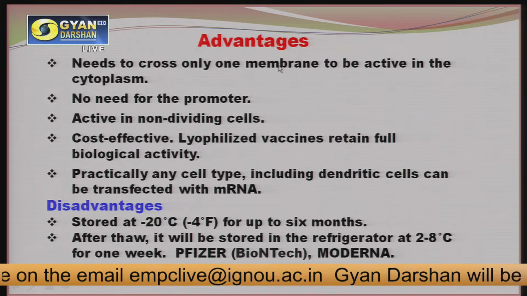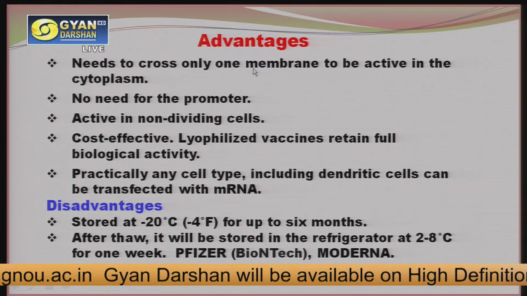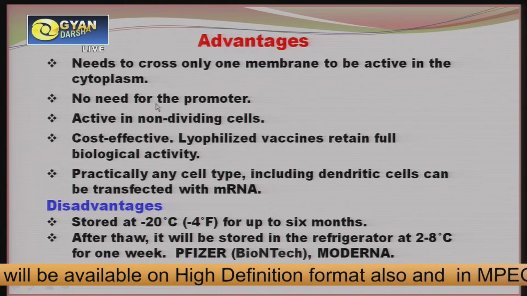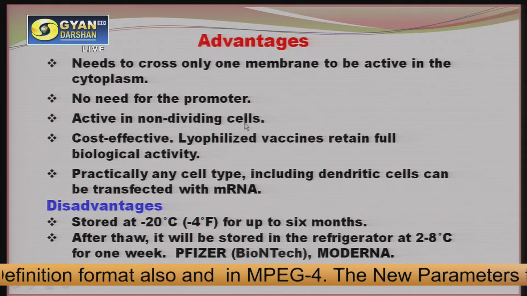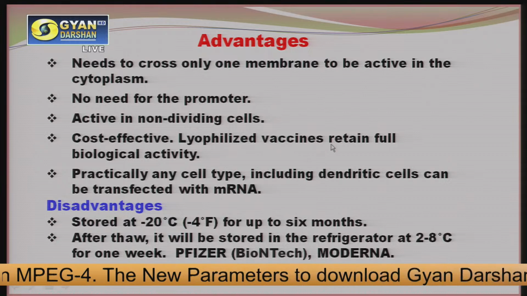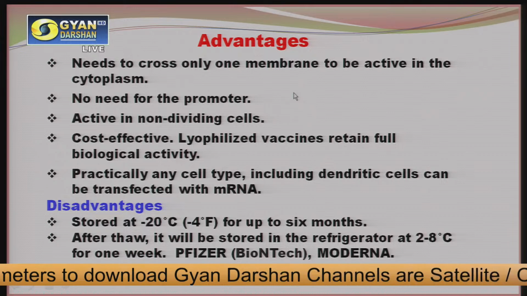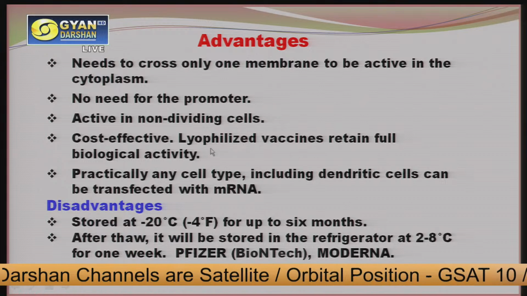What is the advantage of the mRNA vaccine? It needs to cross only one membrane to be active in the cytoplasm, there is no need for promoters, and it is active in non-dividing cells. And it is a cost-effective lyophilized vaccine that retains full biological activity. So we can isolate the mRNA, lyophilize it, and utilize it as a vaccine.